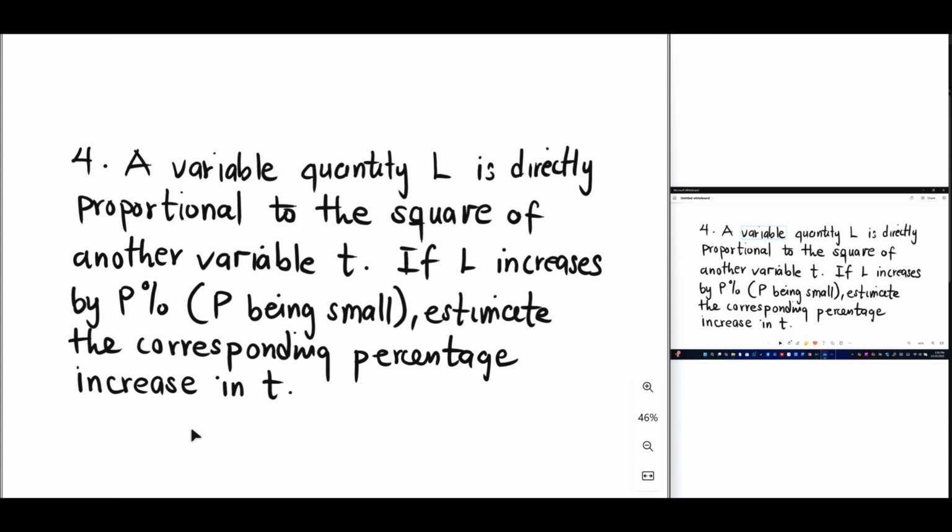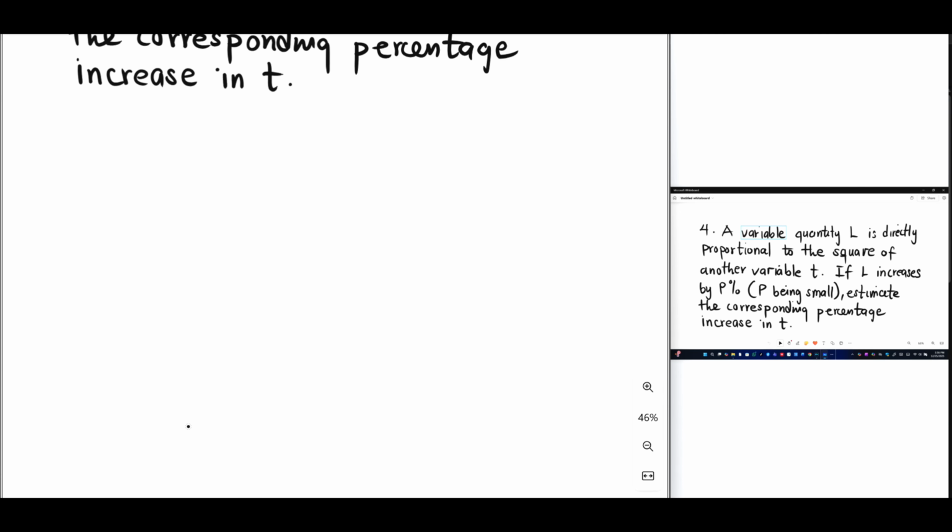All right. So let us get an equation for the first part of the given statement. A variable quantity L is directly proportional to the square of another variable T. So this is a direct variation.